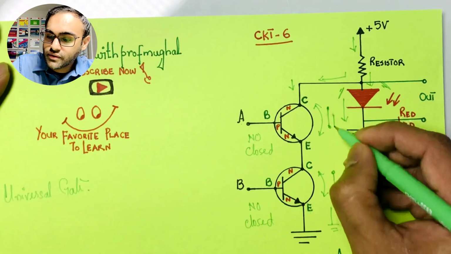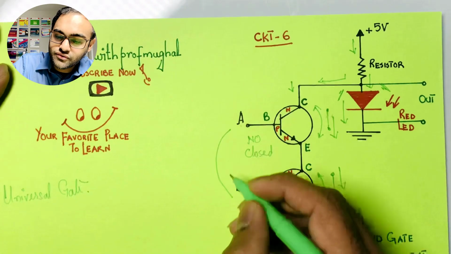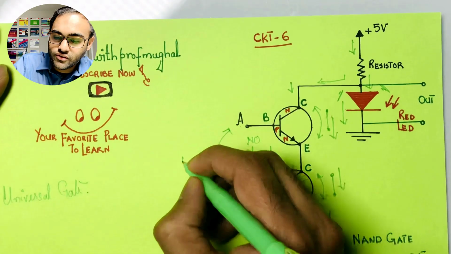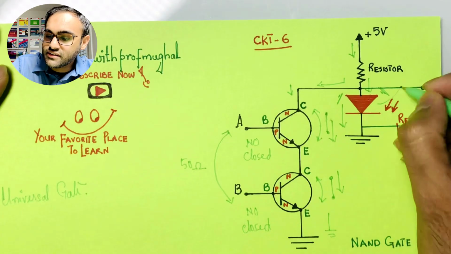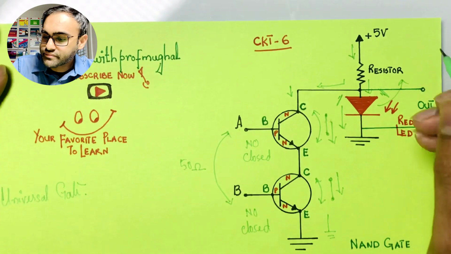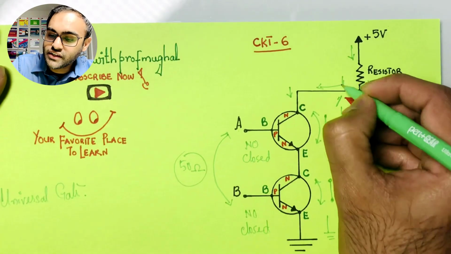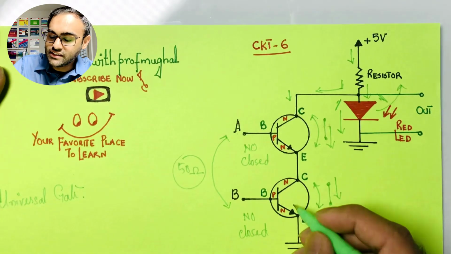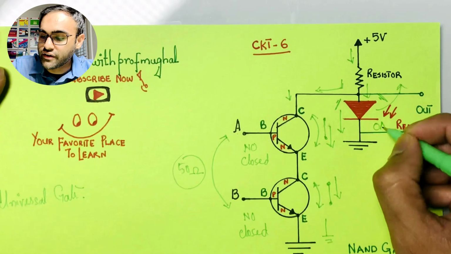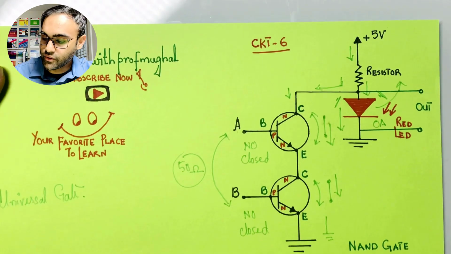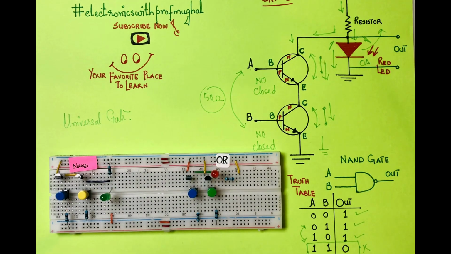Therefore current will take this route all the way to the bottom, because the internal resistance of these two transistors is going to be somewhere around 50 ohm, whereas the internal resistance of this LED could be a lot bigger than these numbers. Current takes the route of the least resistance, going past these two transistors all the way to the ground, and in the red LED there's no current flowing, and therefore the LED is not going to light up. So it's going to give you 0.